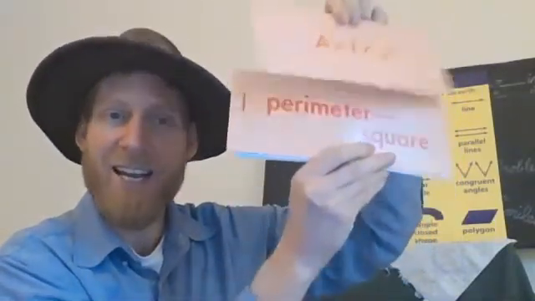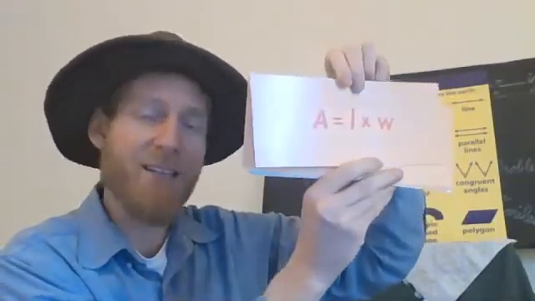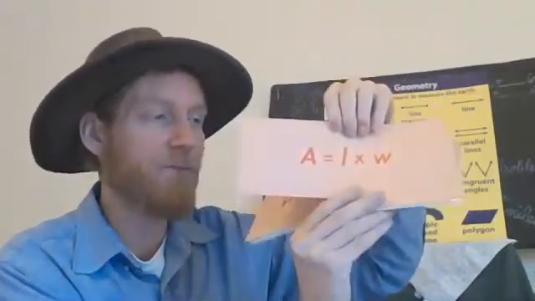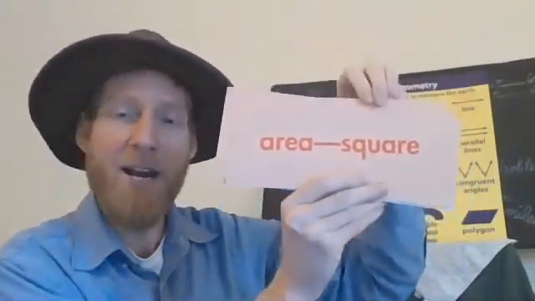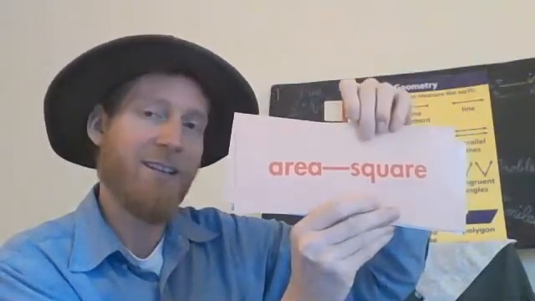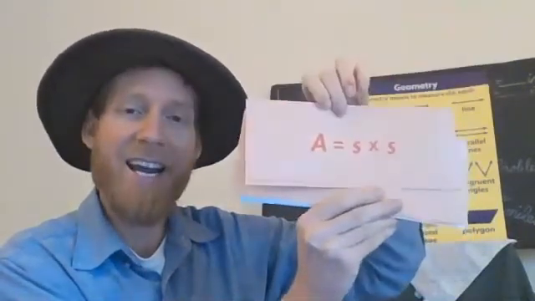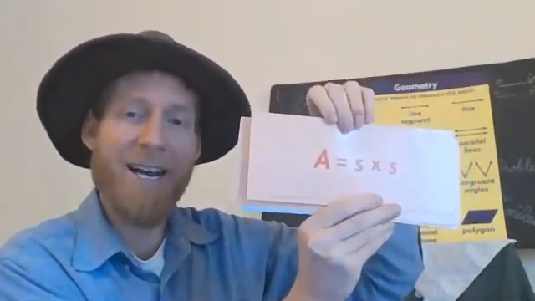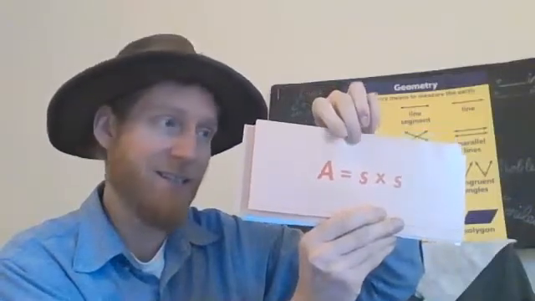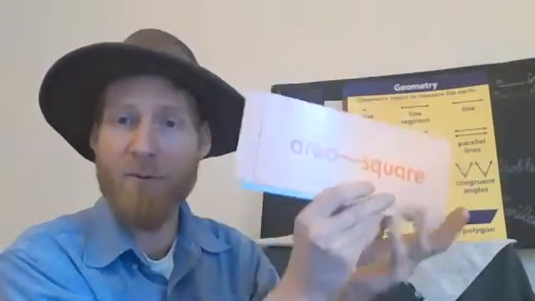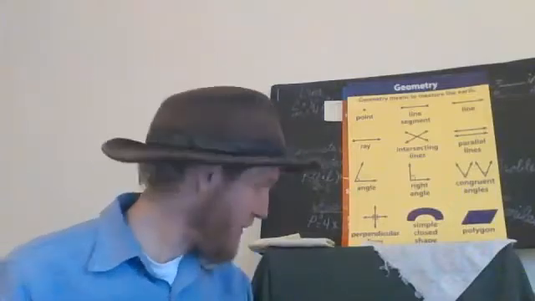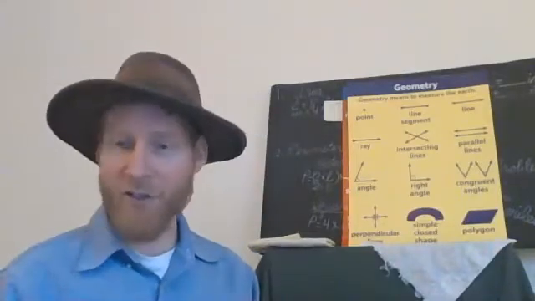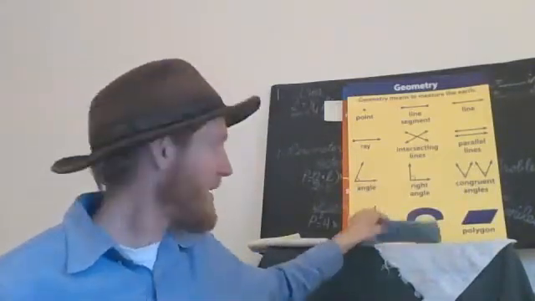Did you say A equals length times width? That's right. The area of a square. Did you say A equals side by side, or S times S? Those are our formulas that you should have memorized. You do need to know the formulas for next year. So I hope you have them all memorized now.